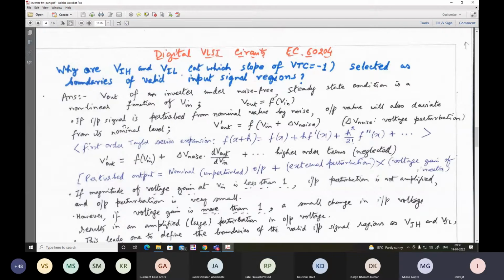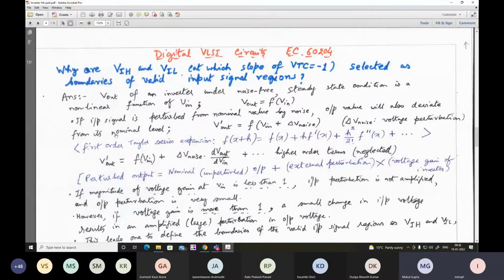But if the input signal is perturbed from its nominal value by noise, the output value will also consequently deviate from its nominal level. That means V'out, the output in the presence of noise, will be a function of input plus noise. Vnoise is the voltage perturbation on the input side.